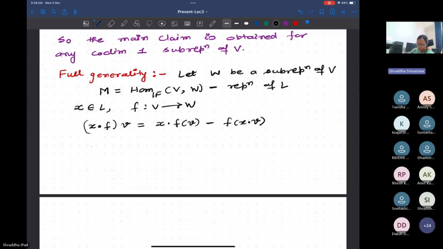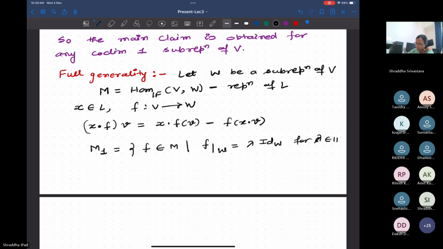And inside that we are going to look at certain subrepresentations. Let me call the first one M1. We are going to look at all those linear maps such that when I restrict to W, F acts as a scalar on W, for some scalar in your field.